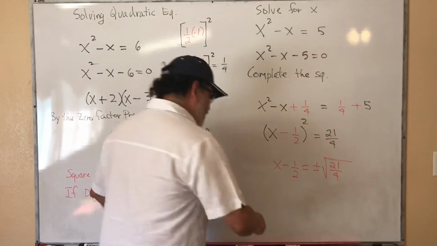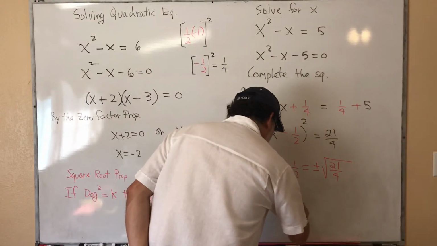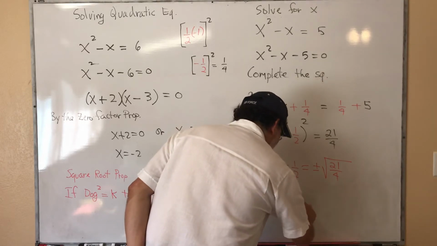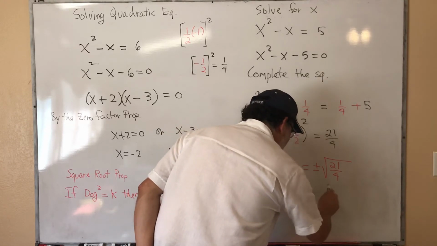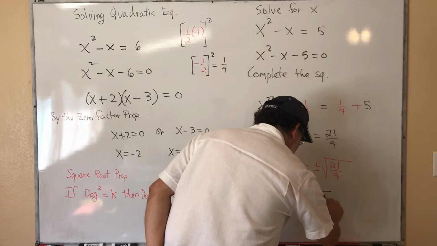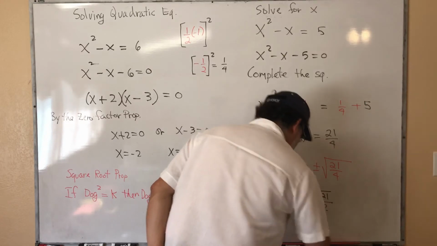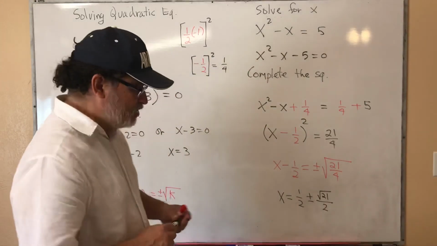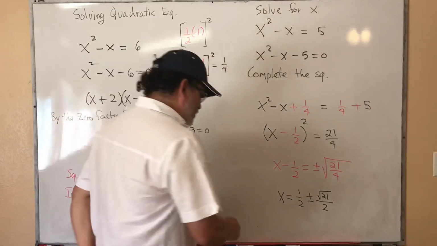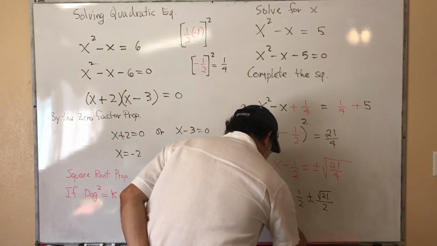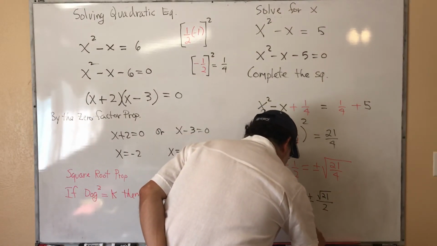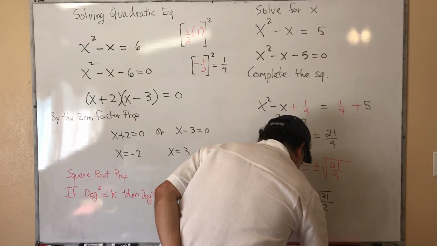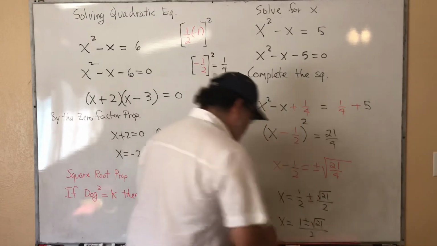And so therefore, what is x? X equals, bring it over, half plus minus the square root of 21 over 2. You can put that together if you want to, okay? So that x equals 1 plus minus the square root of 21 over 2.